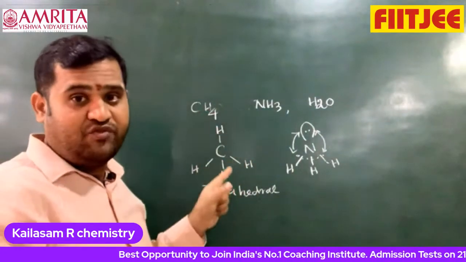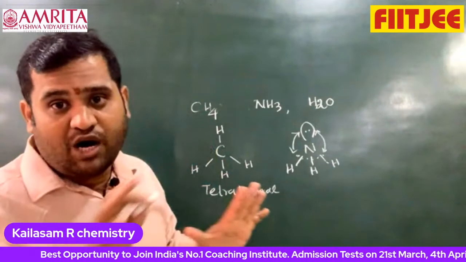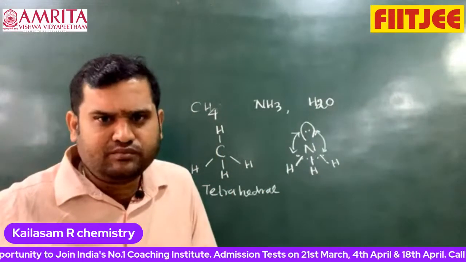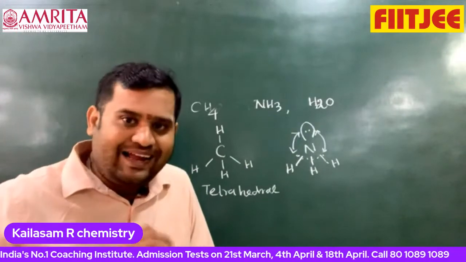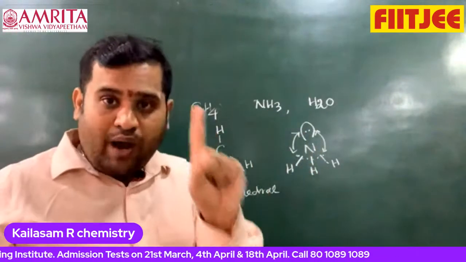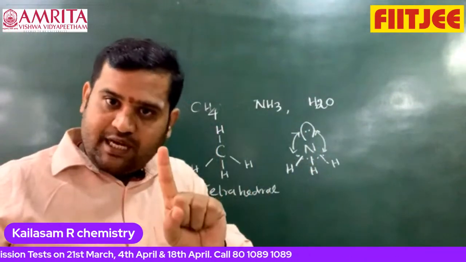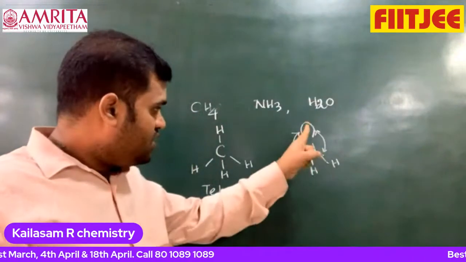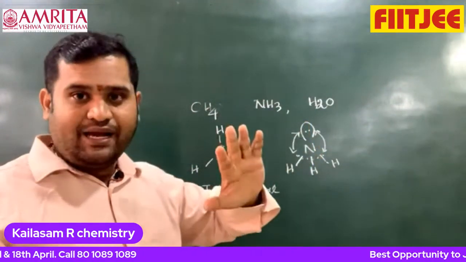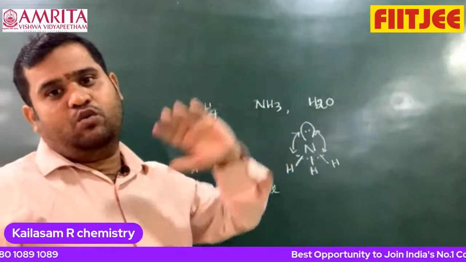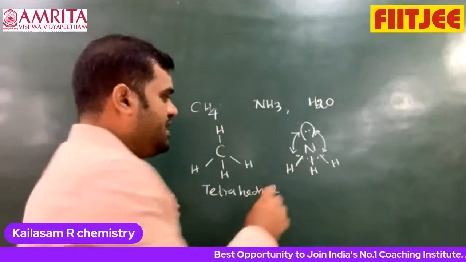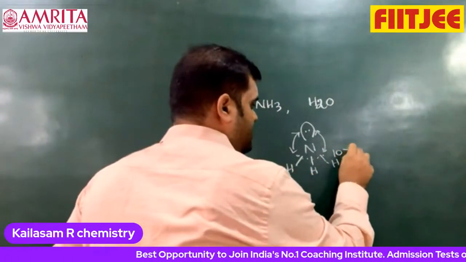When all are perfect bond pairs, we can say it is tetrahedral. But here you have 1 lone pair and 3 bond pairs. Because of 1 lone pair, the bond angle deviates from the original one. Now this becomes 107.